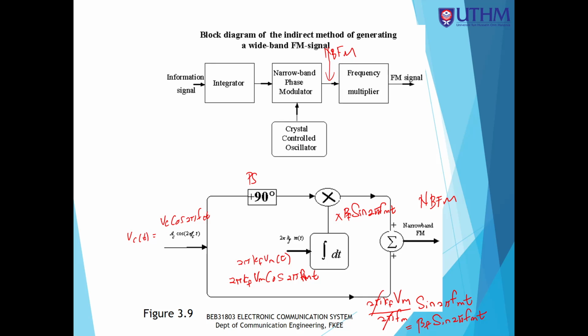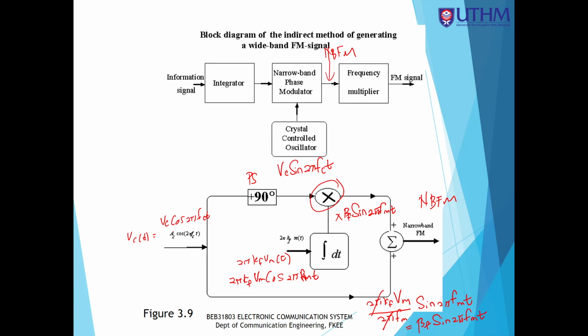This is a phase shifter 90 degree. So it will shift 90 degree of the cosine. So it will become VC sin 2 pi FCT. Masuk ke dalam multiplier, masuk ke dalam modulator ni narrowband modulator.